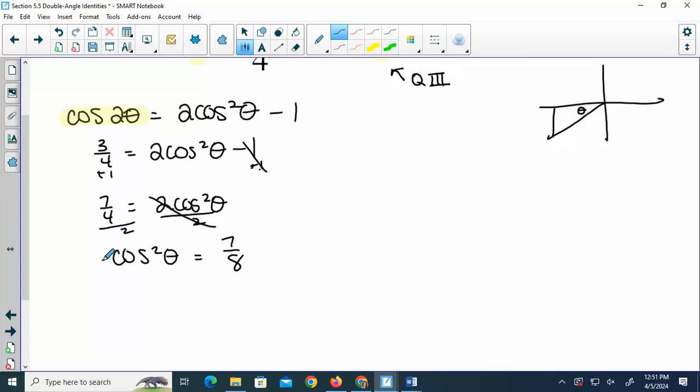To get rid of the square, we square root. With that, we have plus or minus. How do I know which one it is? We're in quadrant 3, so it's minus. Cosine's negative in quadrant 3.